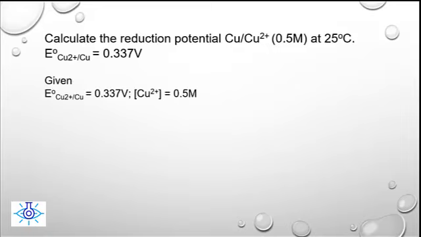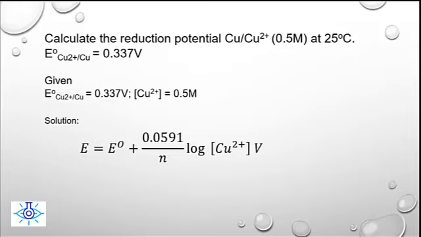The solution: we have to first take the given quantities into consideration. The E0 value is given and also the concentration of copper ion is given. Now the formula for this is the Nernst equation. We write E = E0 + 0.0591/n log [Cu2+], and the unit is volt.